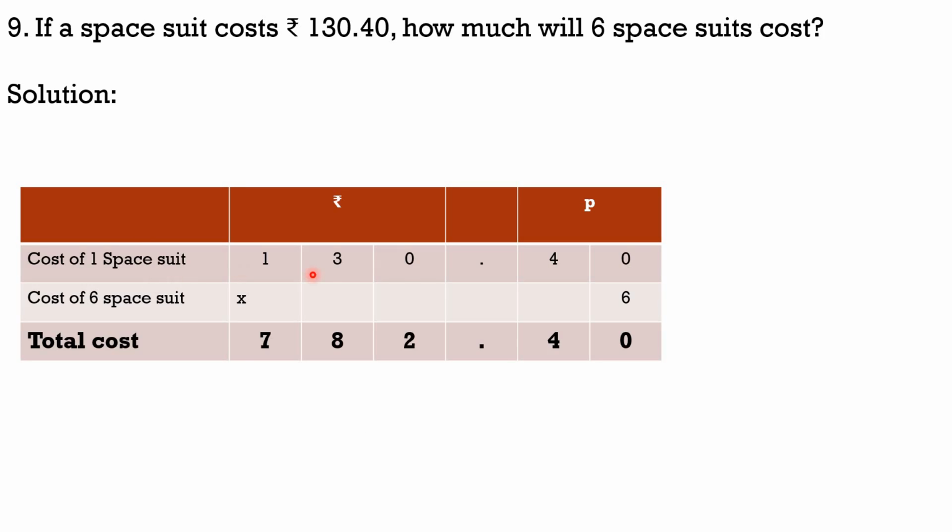Cost of 1 spacesuit is 130.40. For 6 spacesuits: 6 zeros are 0, 6 fours are 24, 6 zeros are 0, 6 plus 2, 2; 6 threes are 18, 6 ones are 6 plus 1, 7. So total cost of 6 spacesuits is rupees 782.40.